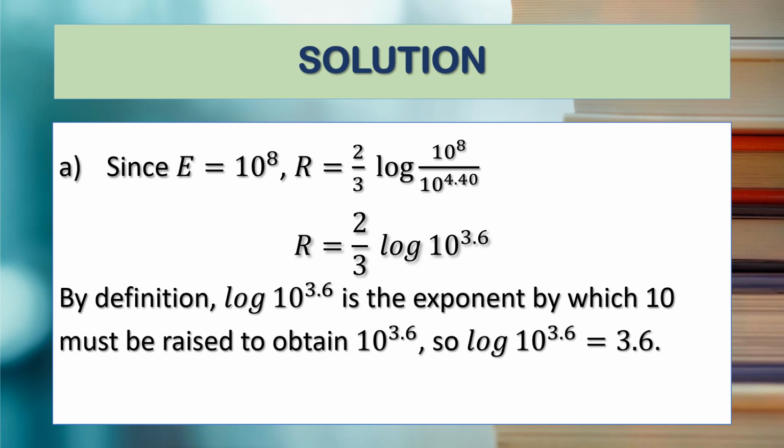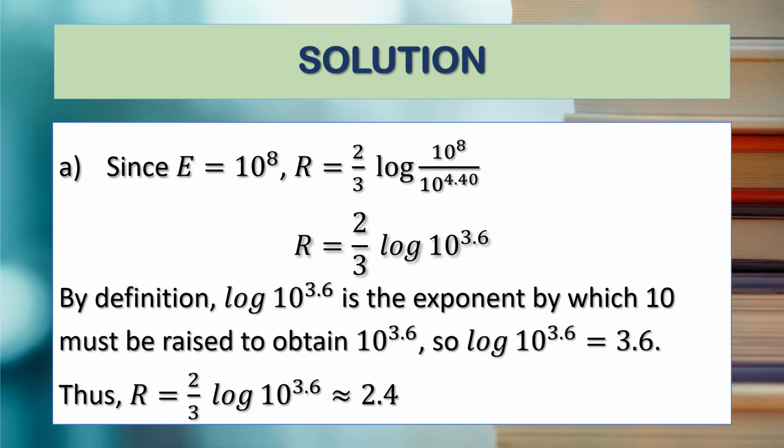Now, by definition, the log of 10 raised to 3.6 is the exponent by which 10 must be raised to obtain 10 raised to 3.6. So the common log of 10 raised to 3.6 is simply the value of 3.6.